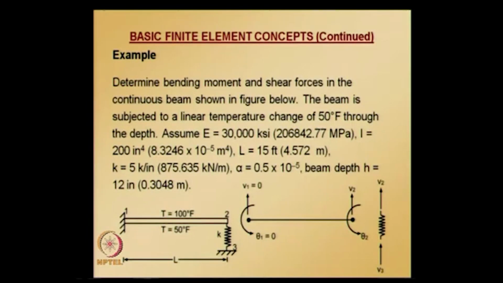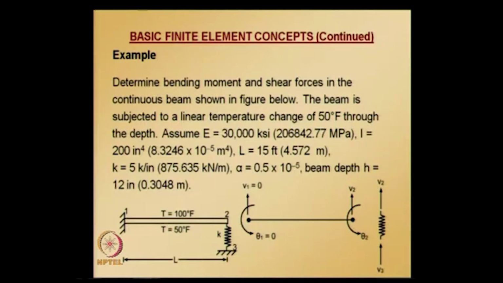So imagining this beam element to be fixed at both ends, we need to calculate the fixed end moment solution, and that is used to calculate the equivalent nodal vector for the beam element.